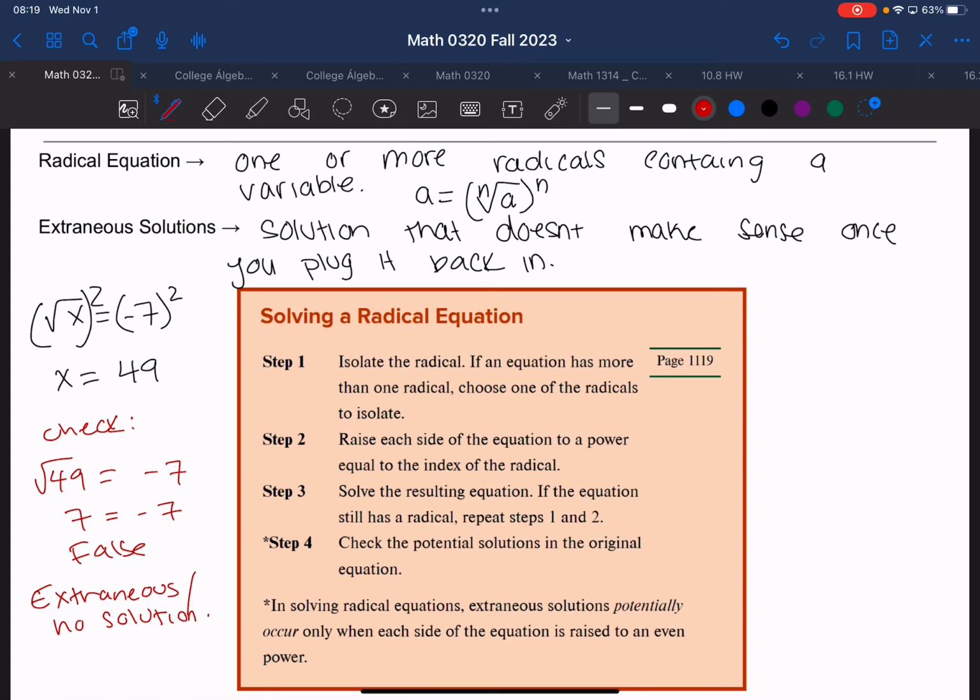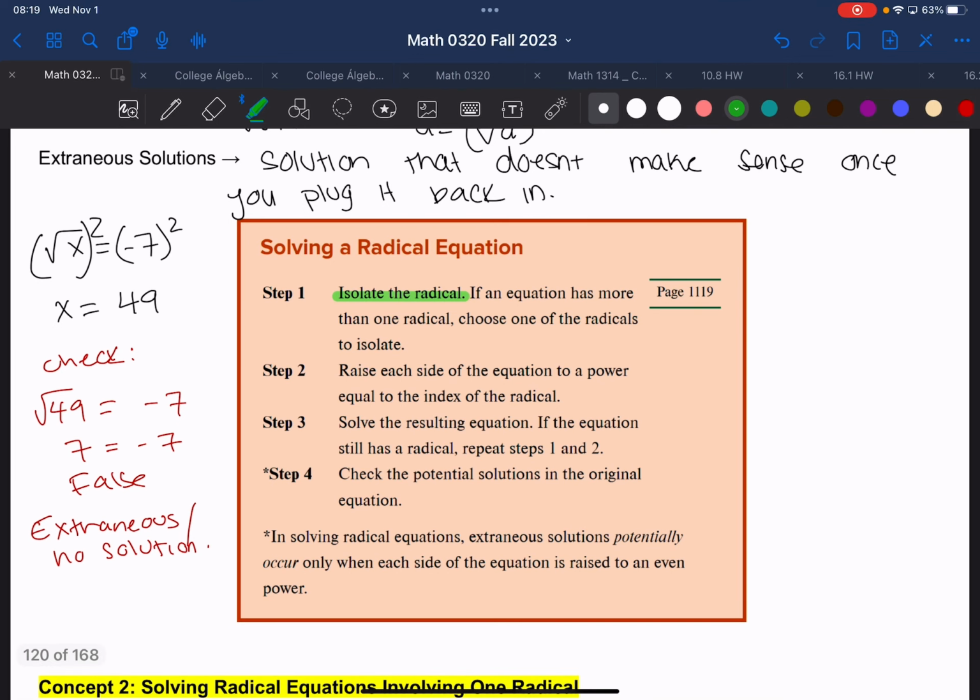And then in this box, it gives you some steps on how to solve a radical equation. I'm just going to highlight the important parts. Step 1 says isolate the radical. If an equation has more than one radical, choose one of the radicals to isolate. So step 1 is to get one of the radicals by itself.